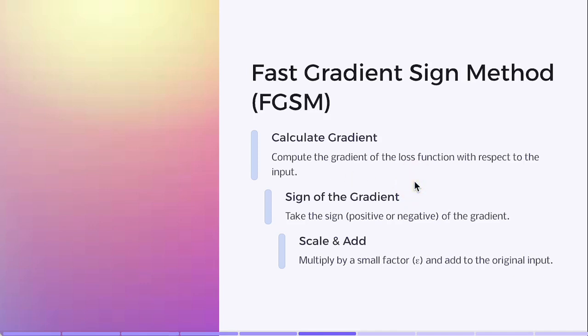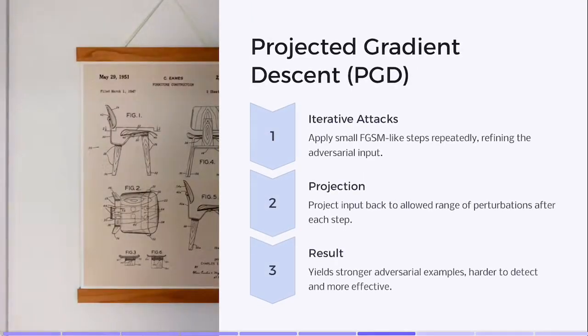Second is projected gradient descent, PGD. It is like a more advanced version of FGSM, and instead of doing one gradient step, you do multiple. Step 1 is iterative attacks. PGD applies small FGSM-like steps repeatedly, refining the adversarial input with each iteration. Step 2, projection. After each step, the input is projected back to the allowed range of perturbations, ensuring the changes stay within bounds, like keeping them under a certain epsilon.